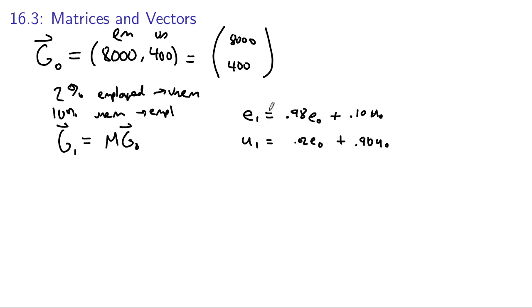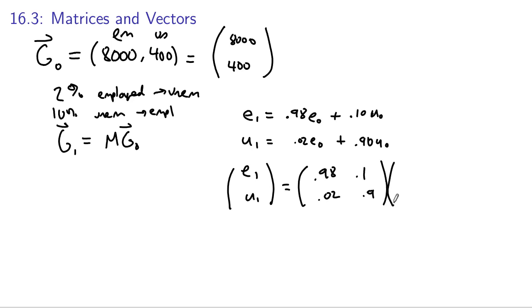If we think about how to write this in vector form, we would have the employed and the unemployed vector, and then the matrix would be these coefficients, 0.98, there's no plus in the matrix, 0.1, 0.02, and 0.9, times the initial employment and unemployment vector that we started with, 8,000, 400.